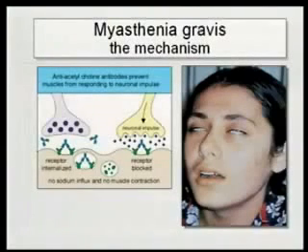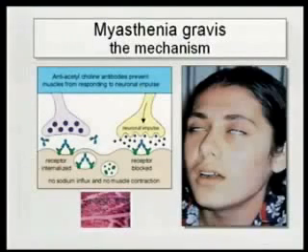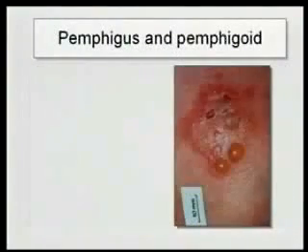Antibodies bind to that and cause them to be internalized so that the receptors are not at the surface, or the receptors are blocked. Either way, there's a lack of neuromuscular transmission, reflected by lazy eye sort of thing and muscle weakness. There are some anti-muscle antibodies in these patients as well, and there are also inflammatory cells accumulating in the muscle, histopathologically.